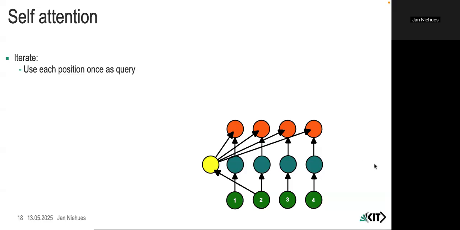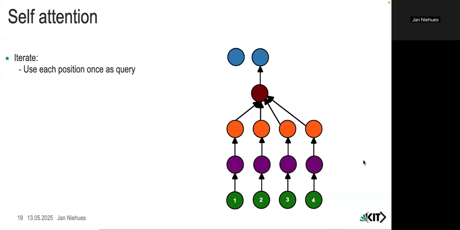The keys are still the same. The difference is the query is now from the second word. So the comparison will be different. This will most probably be very important, and maybe other words will be important. And then we're normalizing them again and doing the same thing. The values are the same. This is only different because, due to the different query, the importance is different. So we get a different weighted sum.